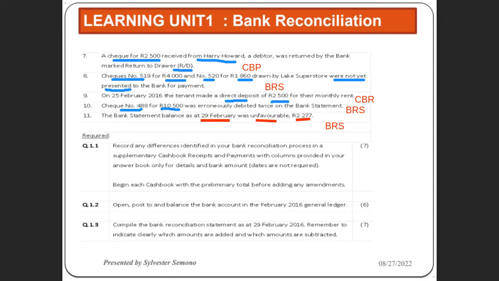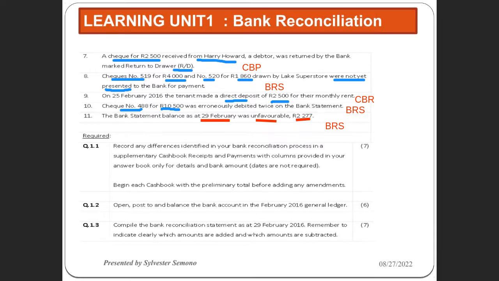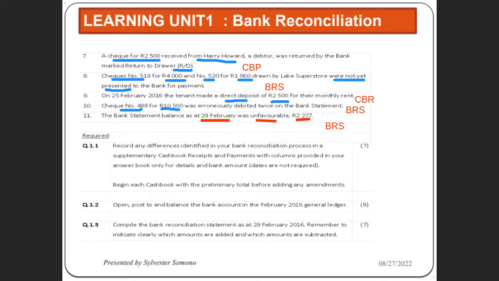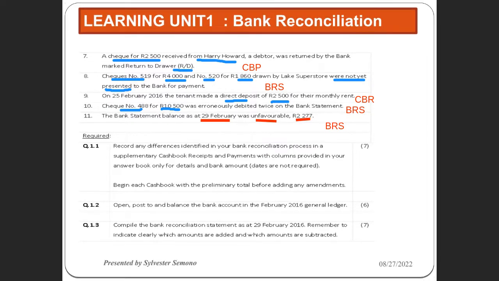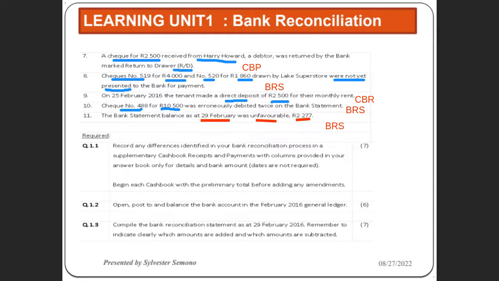I remember, let me just bring it back. I said there was a balance. Can you see this one? I said we must always start with this balance, like you said. We must put this as our balance. So when we record in the bank recon, we're going to start with that. It is unfavorable.